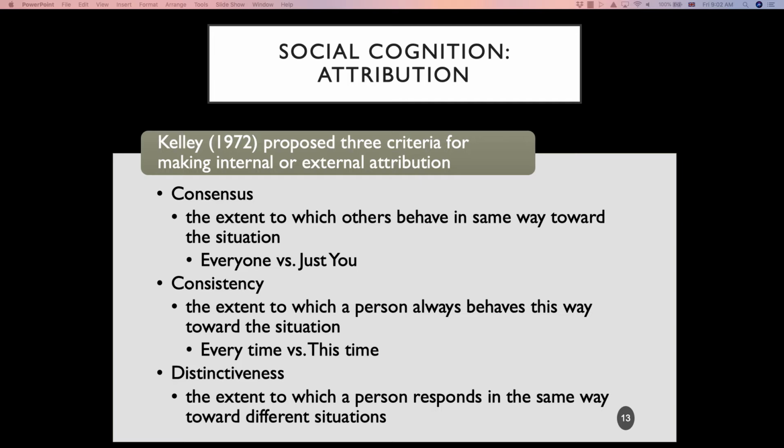Consistency. Are you late every single time for class? Or is it just this time? What about distinctiveness? Do you always respond in the same way towards different situations? Are you late for class, but are you also late to meet your friends?